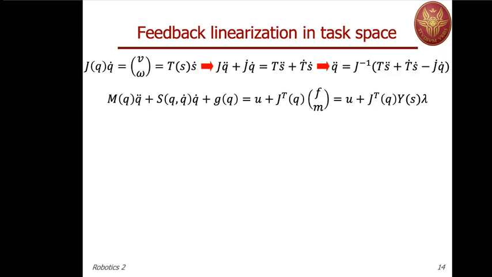There was a constraint Jacobian. In this case it would be J transpose times Y. The only thing is that we are parametrizing Y by s, which describes the progress of the motion of the interaction task. So now we take q double dot and place it where it appears in the dynamic model.